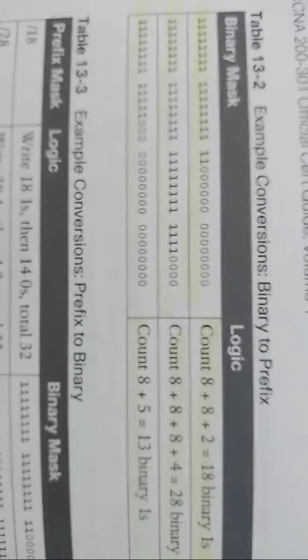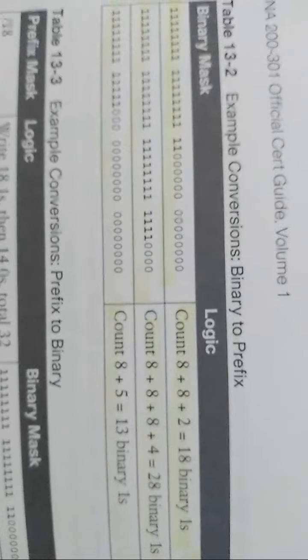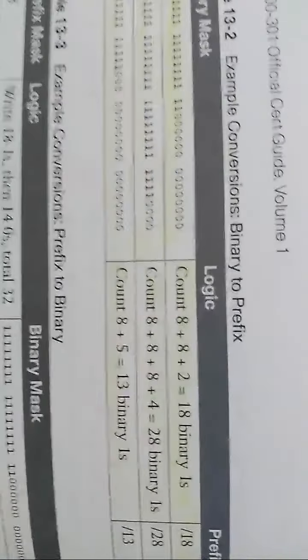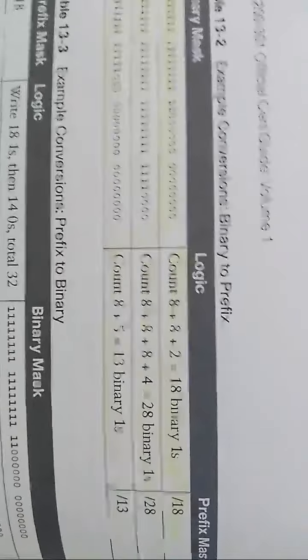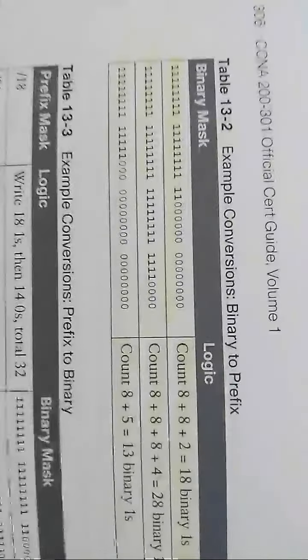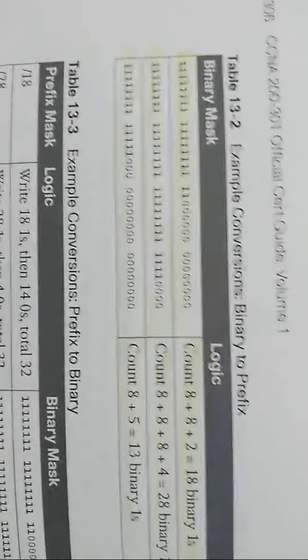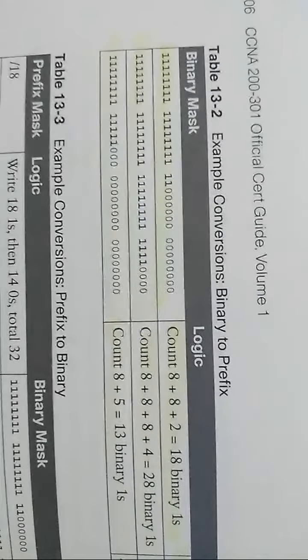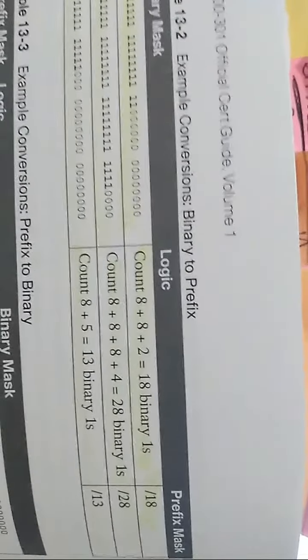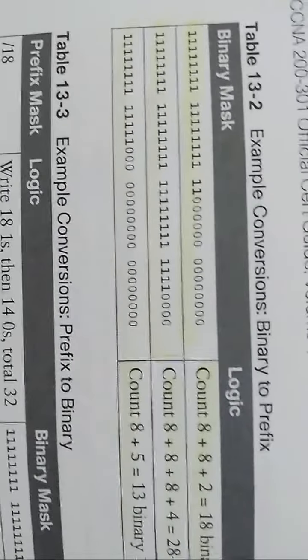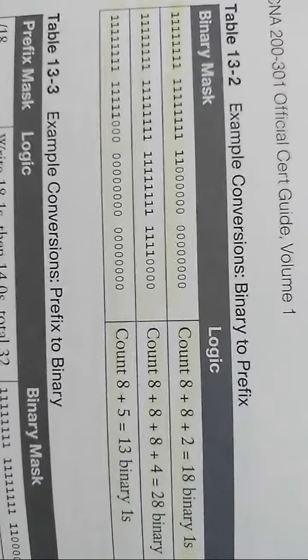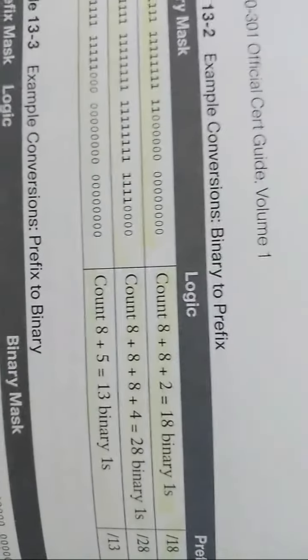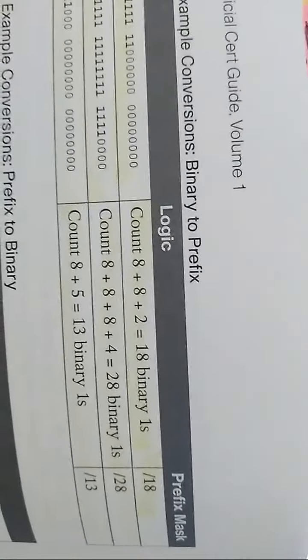So if you count 8 plus 8 plus 2 equals 18 binary ones, then you get /18. The second one is count 8 plus 8 plus 8 plus 4, 28 binary ones, you get /28. The third row, count 8 plus 5 equals 13 ones, /13.